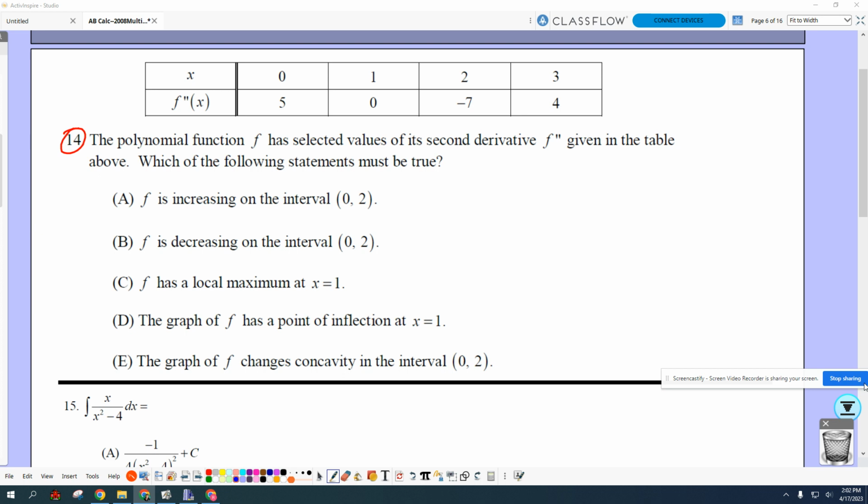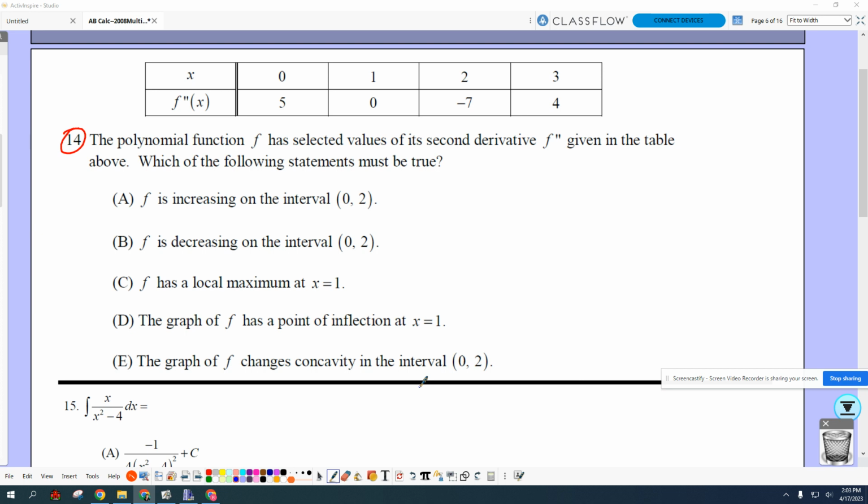All right, what do you think? Yep. We know that the second derivative proves that f has an inflection point when it hits and crosses 0. And we know that in order to get from 5 to negative 7, it has to cross 0 at some point.